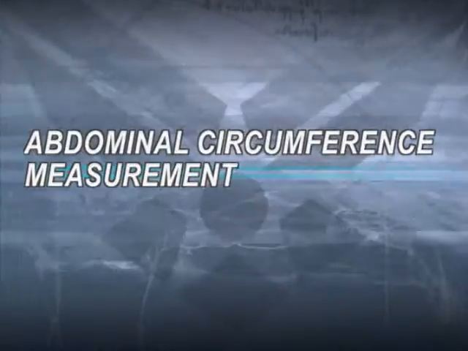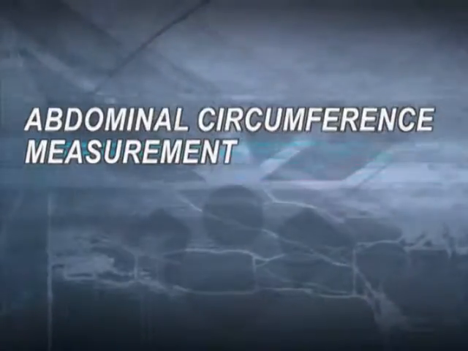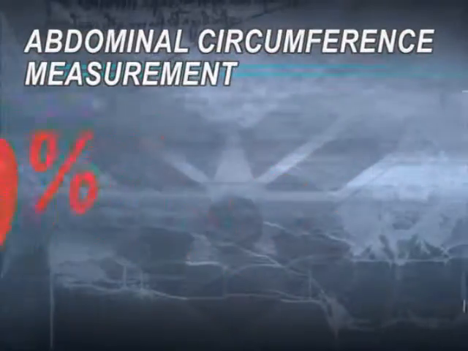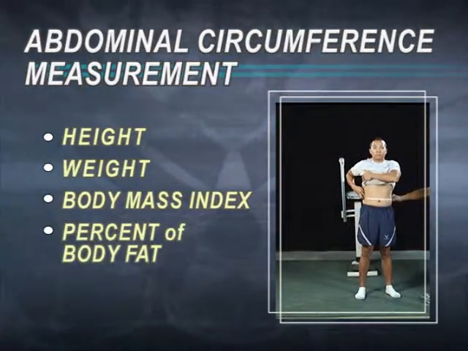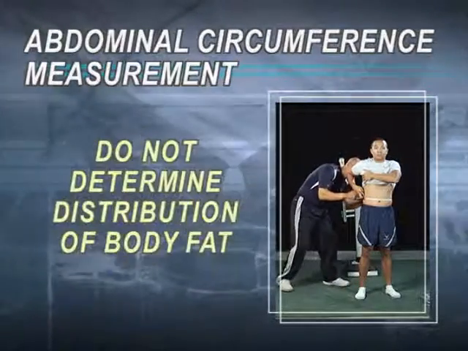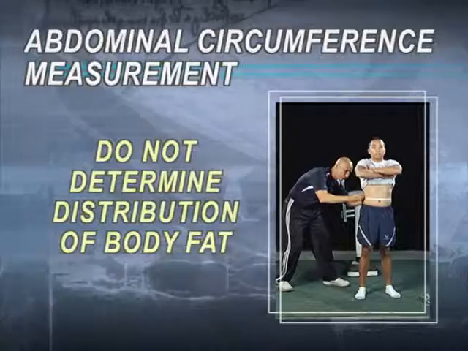The abdominal circumference measurement is an assessment of body composition and counts for 20% of your overall composite score. Height, weight, body mass index, and percent body fat provide body composition information, but they do not determine body fat distribution or regional body fat.